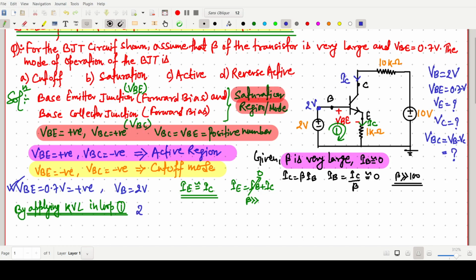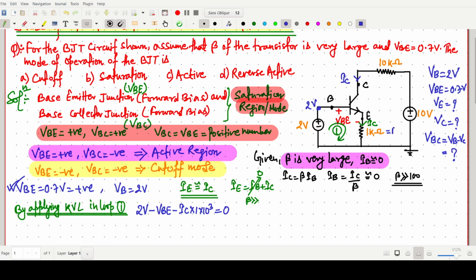So I am writing 2 volt, then minus VBE, minus IC into 1 kilo ohm, 1 into 10 to the power 3, equals 0. We are going in the current direction, so I am using this assumption. Very simple: 2 minus VBE minus IC RE.